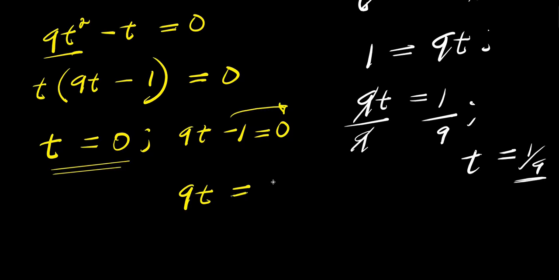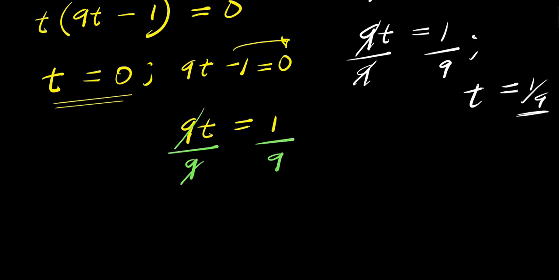I have 9t equals 1. Now, to solve for t, I divide this by 9, I divide this by 9, 9 eliminates 9. Then I have t equals 1 over 9. So using this method, we have two different solutions, which are t equals 0 and t equals 1 over 9.